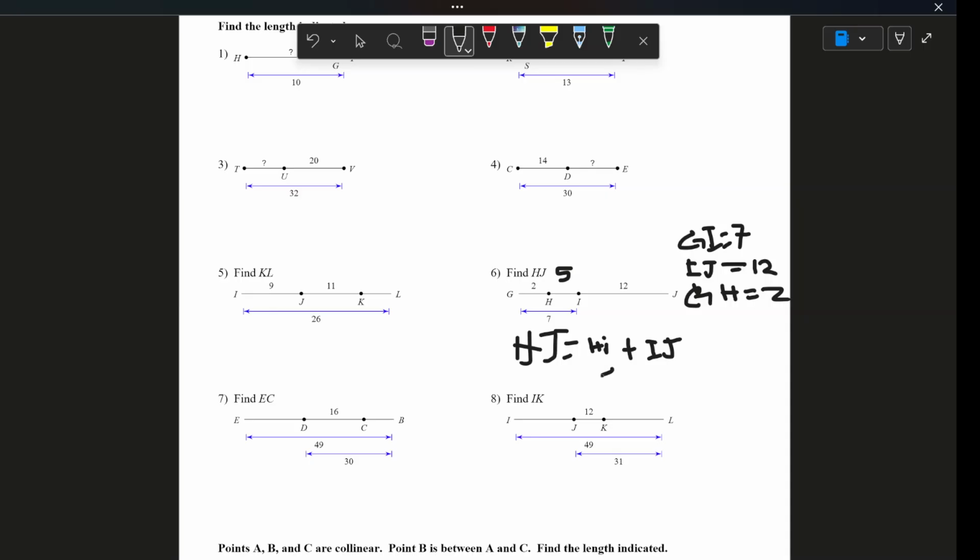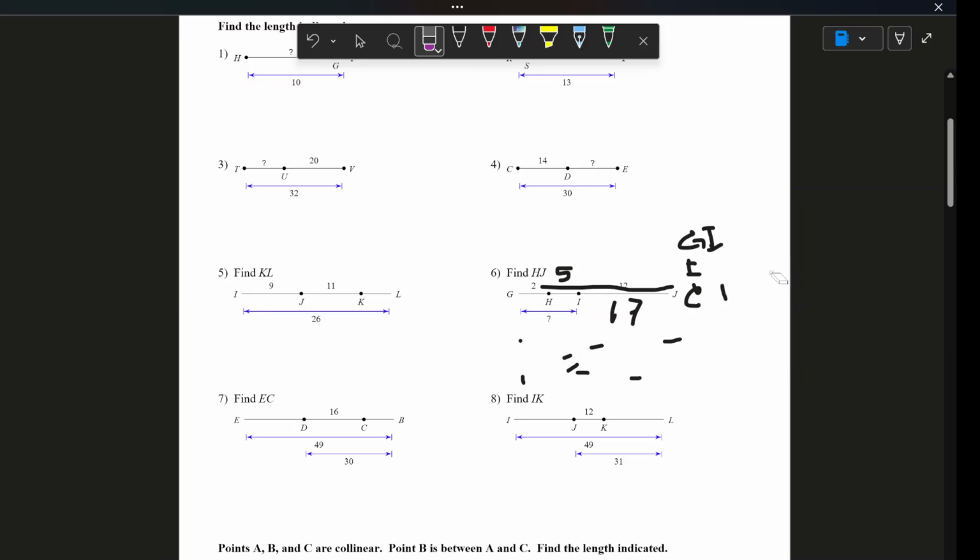So we do 5 plus 12 equals HJ, and that is equal to, well, what's 5 plus 12? 17. So HJ is 17. This whole length right here is 17. Cool.